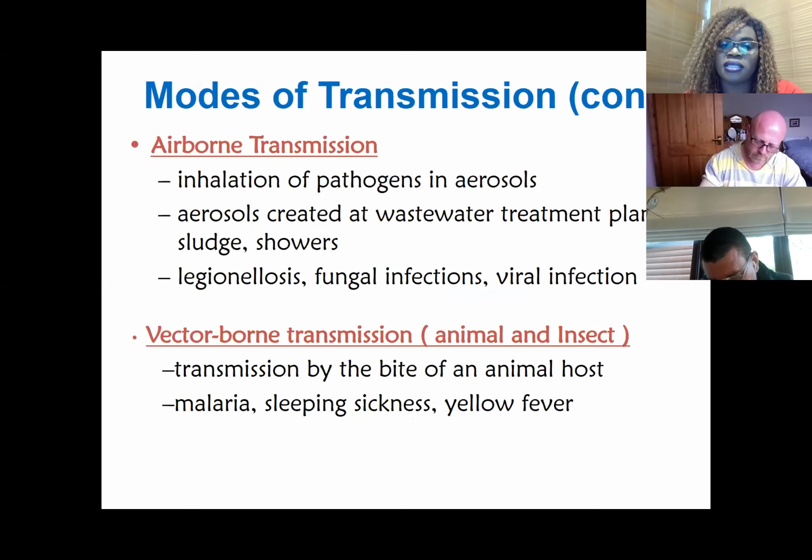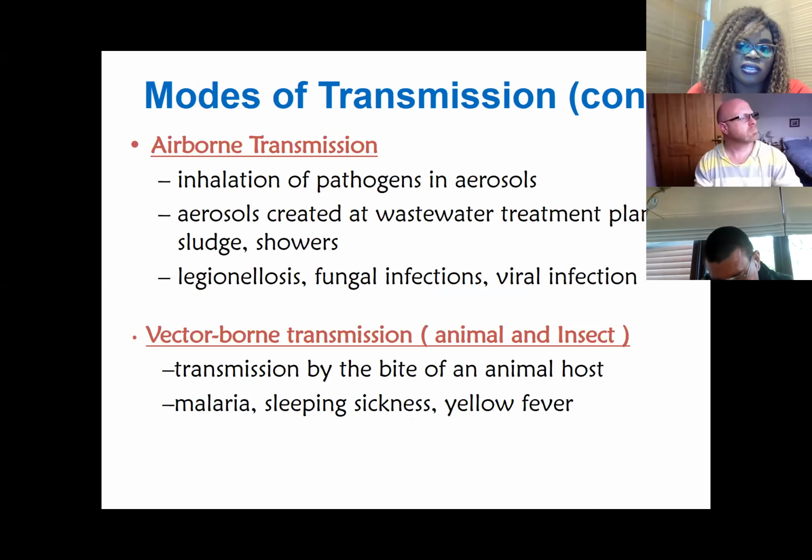So waterborne transmission, foodborne transmission. The next one is airborne transmission. Inhalation of pathogens in aerosols, or aerosols created at wastewater treatment plants, sludges or showers. So you have the fungal infections, viral infections, Legionella diseases. And the next one is vector-borne transmission, animal and insect.